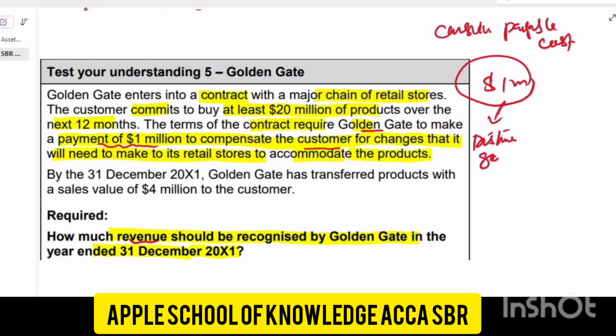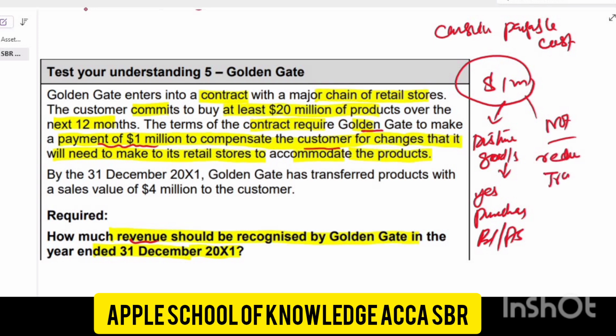Now you have to identify whether it is for a distinct good or service or not. If yes, then it will be a purchase consideration. It may be an expense or asset. If not, then it will reduce the transaction price. Clear?